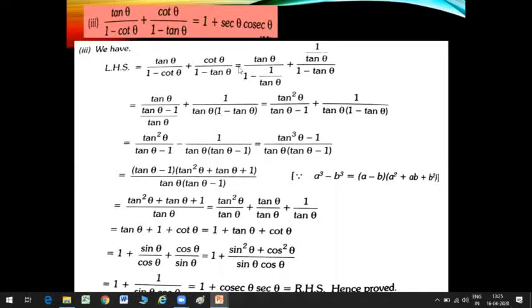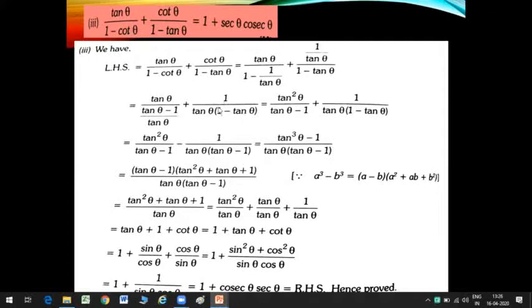Next step, first term tan theta in the numerator divided by, in the denominator take tan theta LCM. So tan theta we have taken LCM, then tan theta minus 1. So this is tan theta over (tan theta minus 1) over tan theta, plus this side we can write as 1 by tan theta into 1 by (1 minus tan theta).